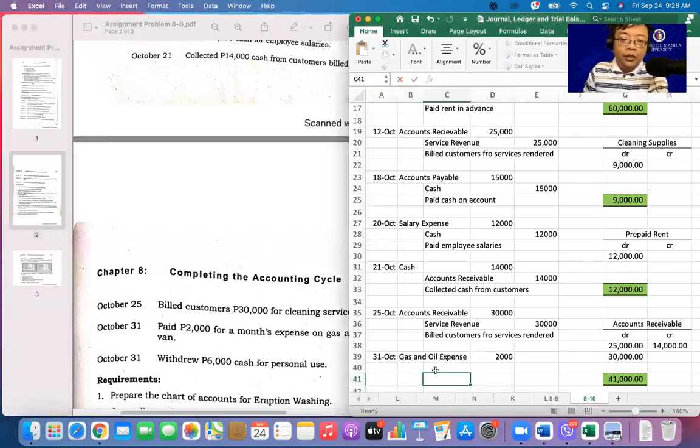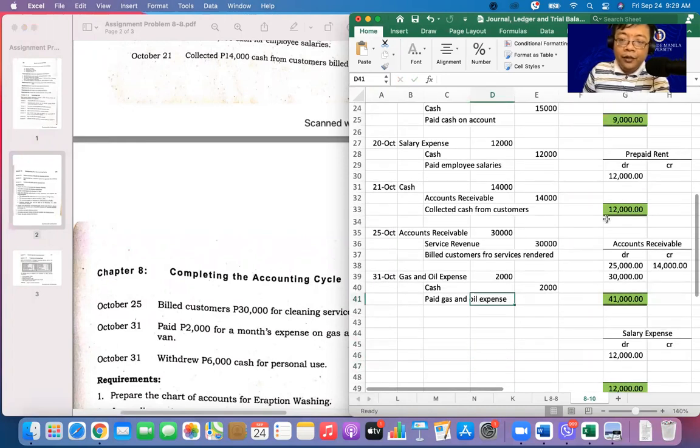And also here, of course, you paid in cash, so cash of 2,000. So ito naman ay paid gas and oil expense.